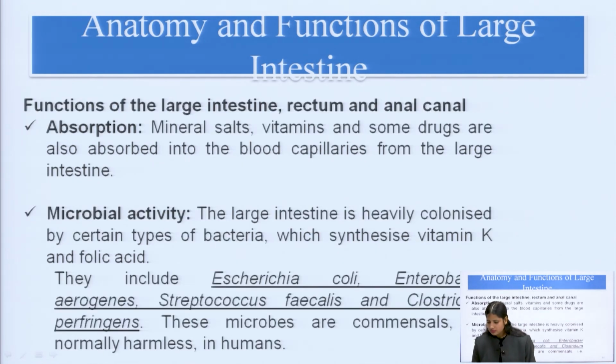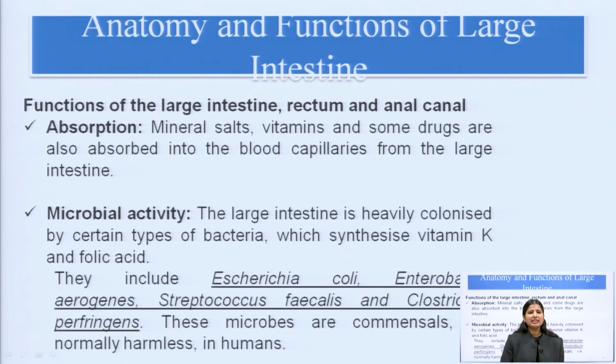Now, coming to the functions of the large intestine, rectum and anal canal. In the small intestine, we have covered some functions. Similarly, the large intestine has some functions. The first function is absorption. It absorbs some mineral salts, vitamins, and some drugs, but the absorption is very less. The majority of absorption occurs in the small intestine.